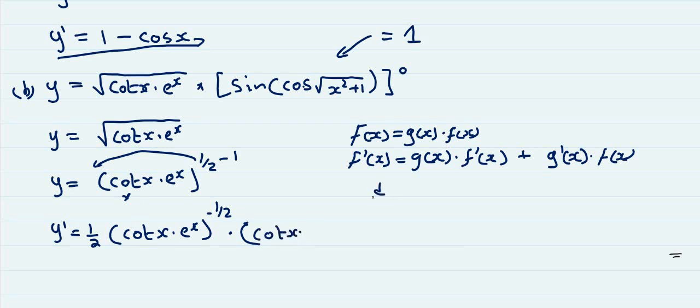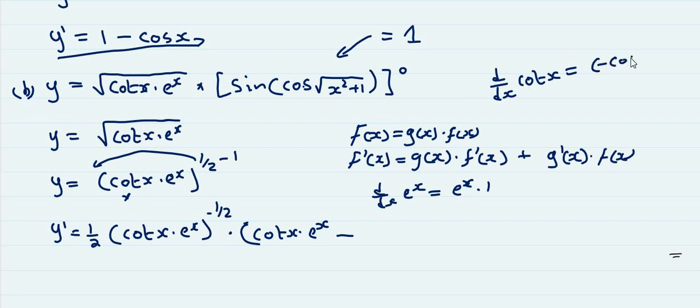Then d over dx of e of x is e of x, because e of x multiplied by 1 gives e of x again. It's e of x minus the derivative of cot x, d over dx of cot x, which is minus cos x squared x.